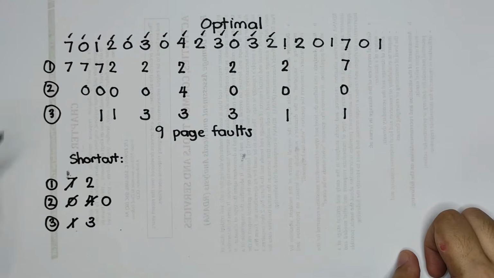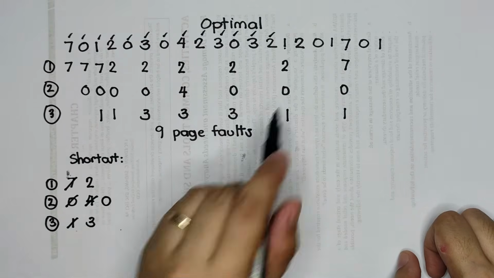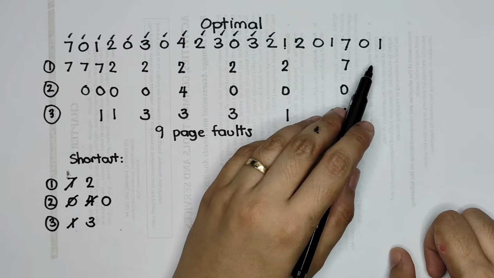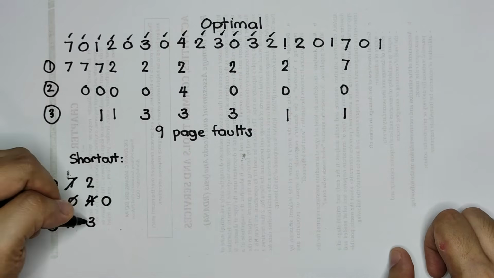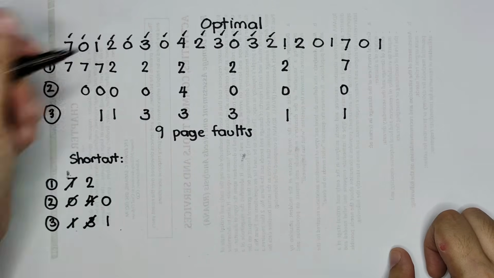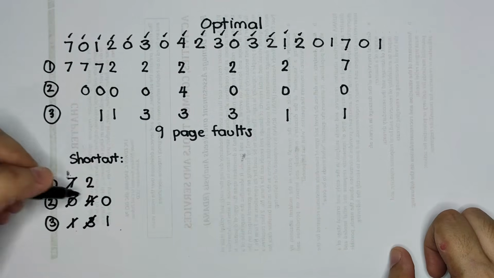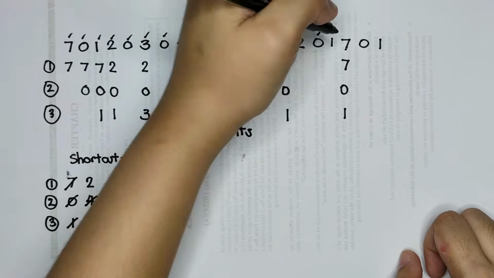So next is we have 1. So 1, let's look. The value is 203. So 3 is not referenced anymore. So since it will not be used, replace 3 with 1. Okay. Then next is we have 2 is already in the page frame, 0 it's already also there, and then we have 1.